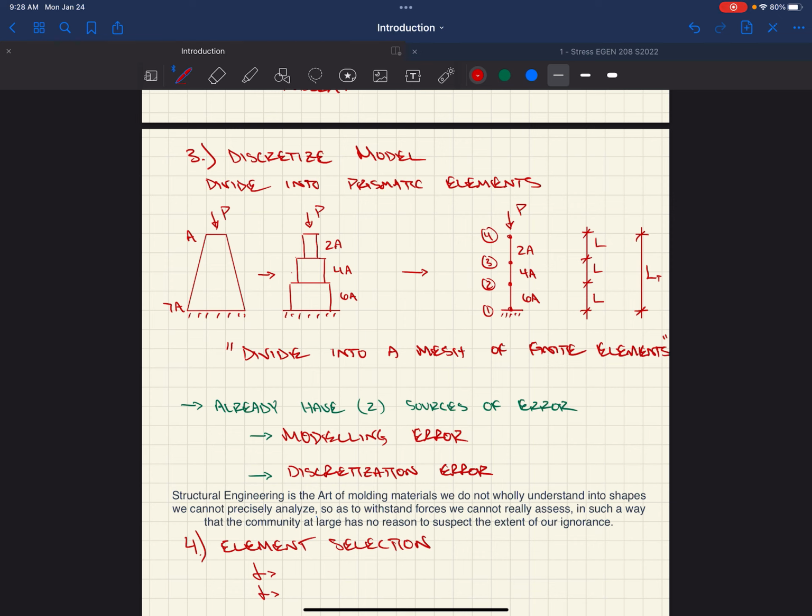I could have separated this into 100 elements and been a lot more detailed. So making that decision to divide it into 3 versus 300 makes a big difference in our discretization and the error that we're going to impose based on the model to our analysis.